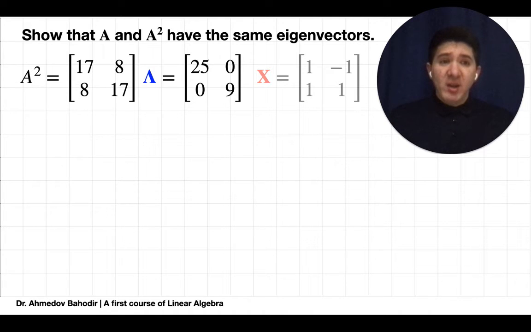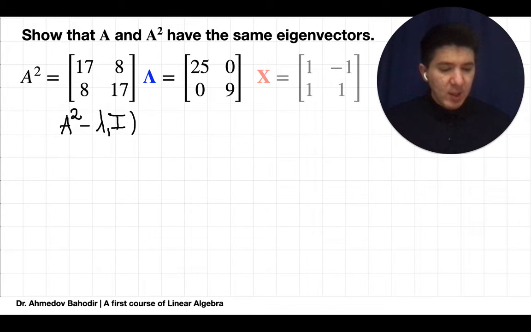Now let's find the eigenvectors of this matrix A squared. To do that, we need to create the matrix A squared minus lambda 1 times the identity, and find its null space.